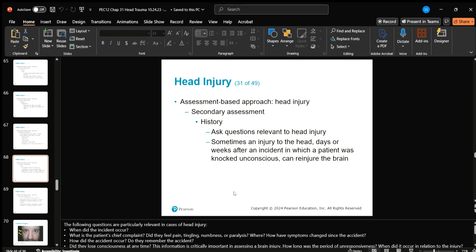So, asking histories. What's a good history question you should ask of somebody, or probably a bystander, from somebody that's acting altered? Yeah, all those questions are great. When was the last time they were normal? Are they always like this? Maybe they have a mental condition and they are just acting like that.